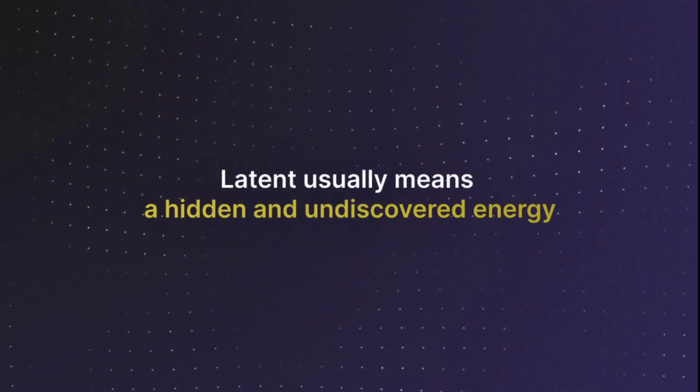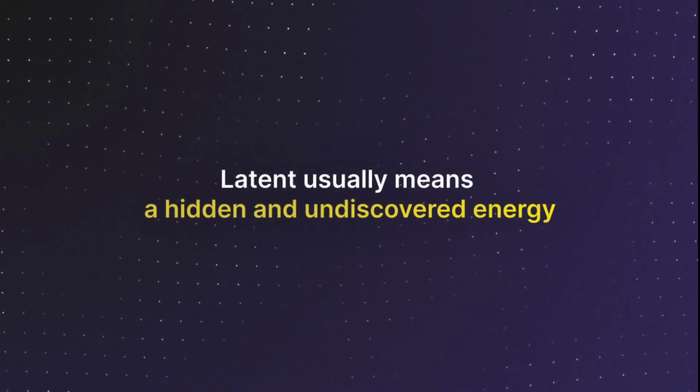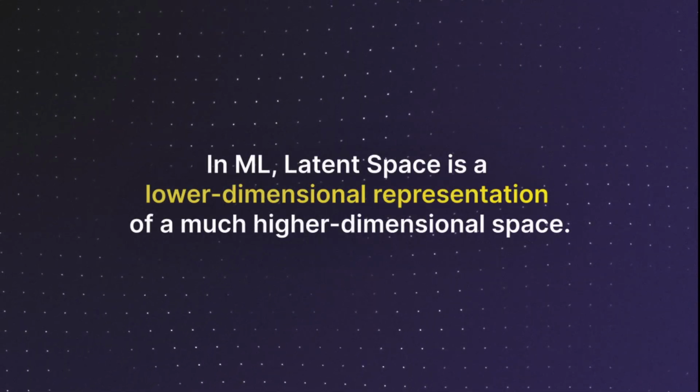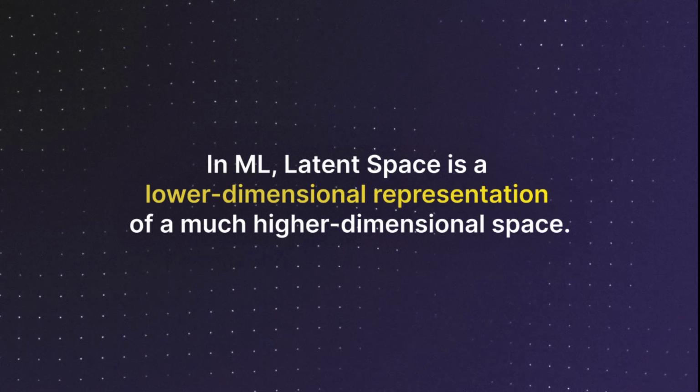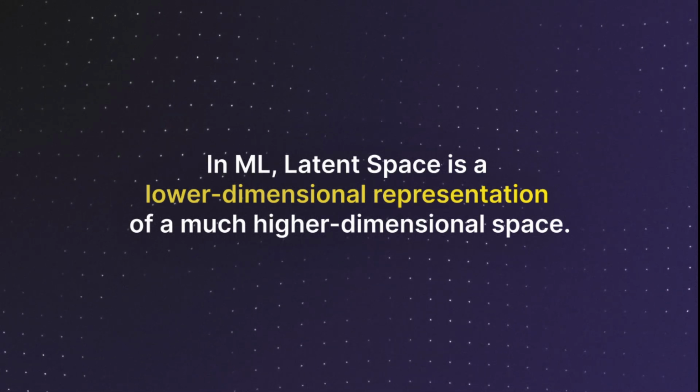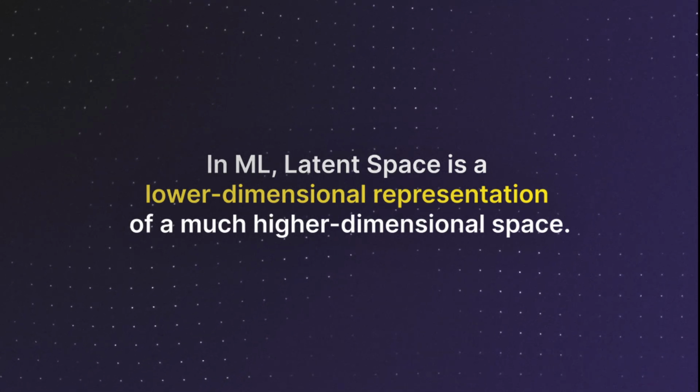The word latent typically means a hidden and undiscovered energy. In the context of machine learning, latent space typically means a compressed, lower dimensional representation that captures the essential information of your original higher dimensional input. If you know about autoencoders, or if you have seen my video on exploring latent space, a common way this compression works is by an encoder-decoder model.